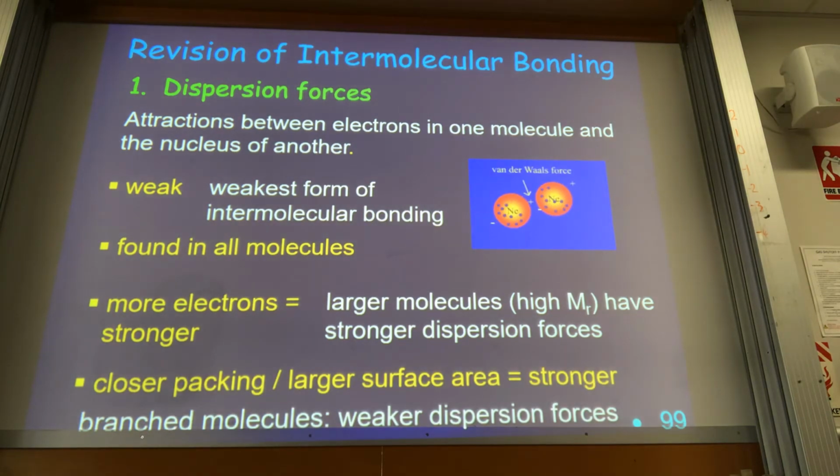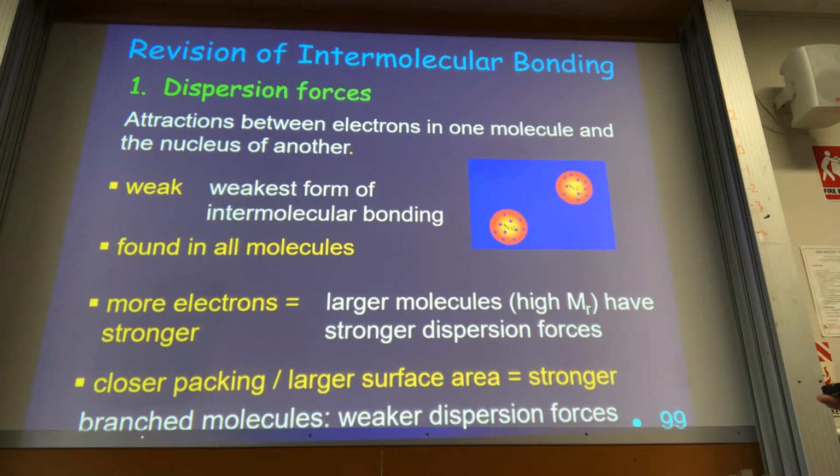Closer packing means stronger intermolecular bond, stronger dispersion forces. Larger surface area means more contact between molecules, means stronger dispersion forces. Branched molecules, because they don't pack as tightly, have weaker dispersion forces.